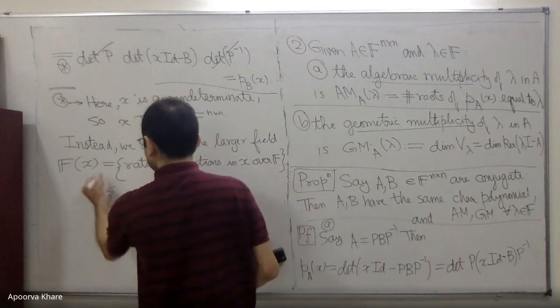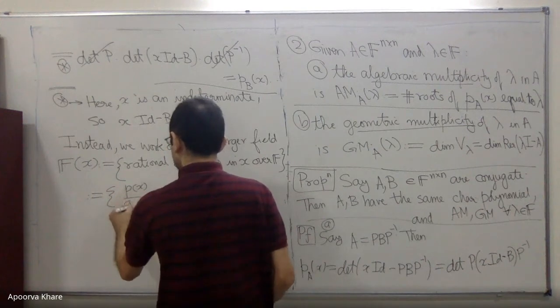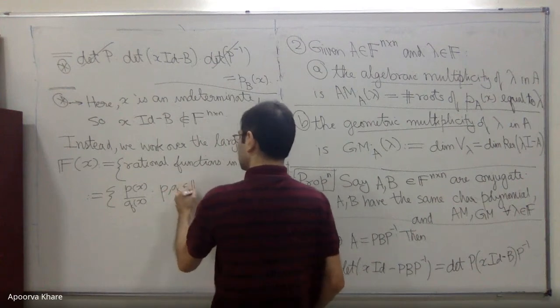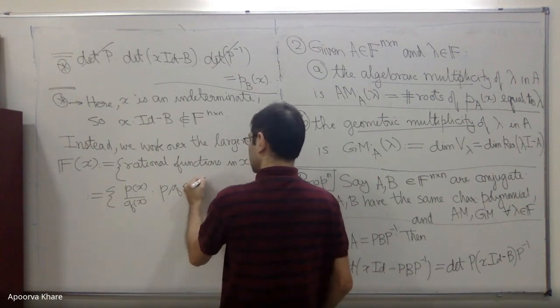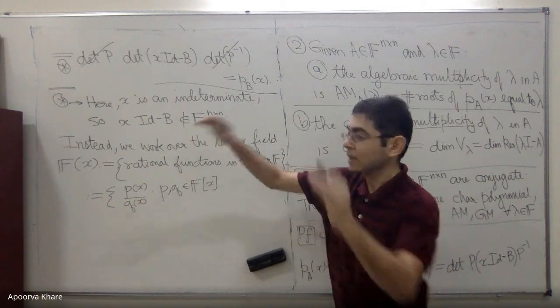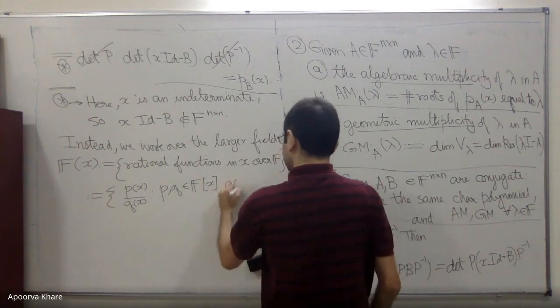This is defined to be the set of all p(x) over q(x), like p over q, where p and q are now not integers but polynomials. So square brackets means polynomials, round brackets means ratios of polynomials, and of course q(x) is not equal to 0.